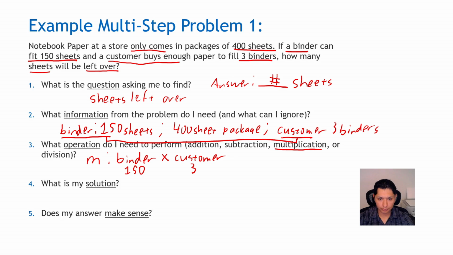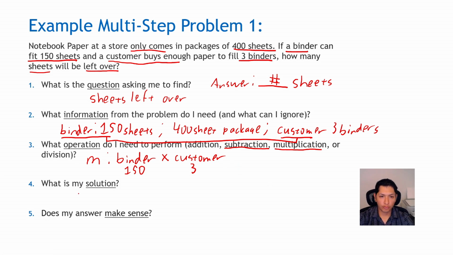So when it's asking me how many sheets are left over, it means that I need to subtract how many sheets I was able to put into the binder from how many sheets I have. So in this case, I am going to use subtraction and multiplication as the operations that I need.